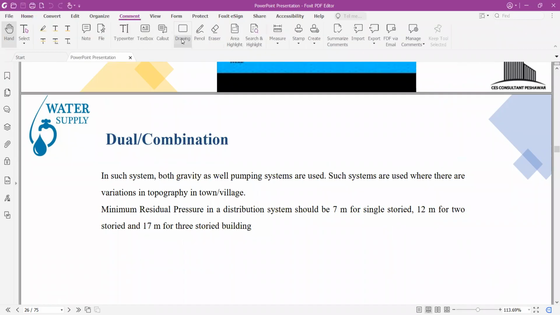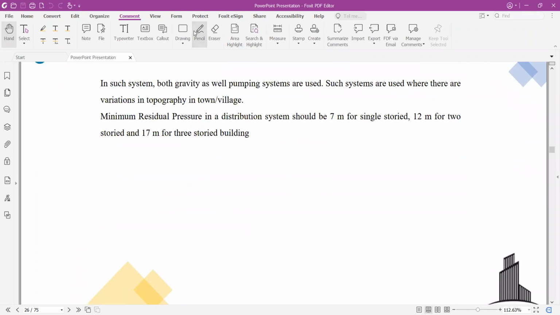So for example, we have a water supply system, and it is connected to some household. The story height of that house is about 8 to 9 meters.